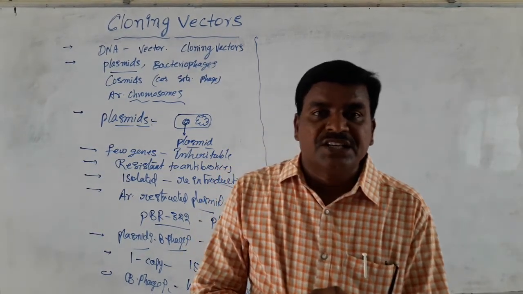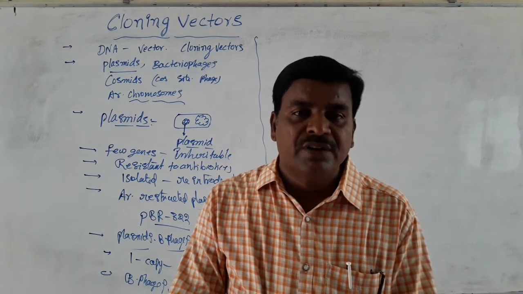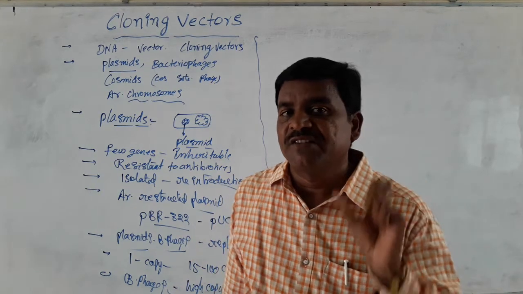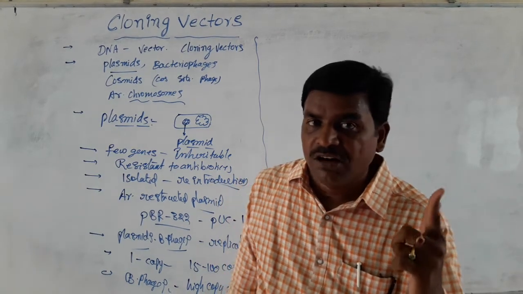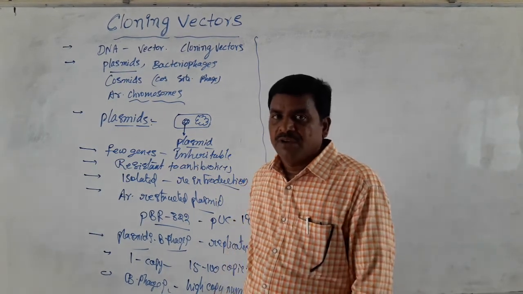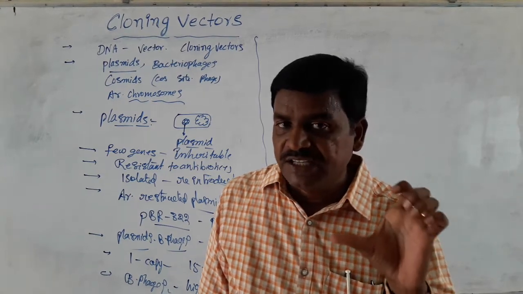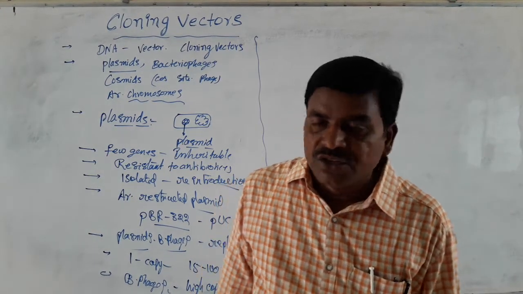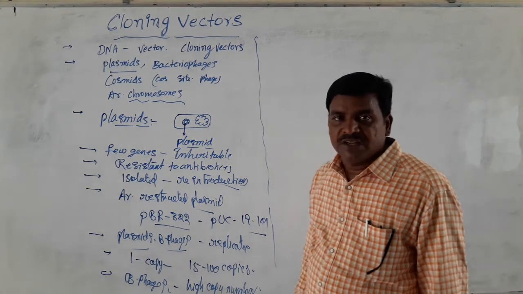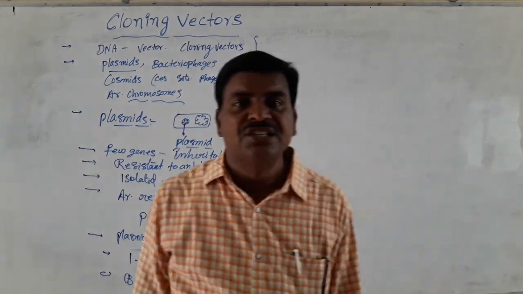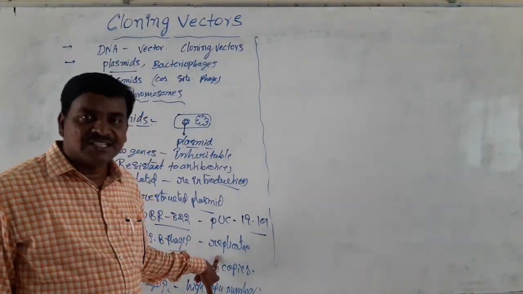When directly inserted, they do not multiply, because multiplication of DNA requires a special sequence of DNA at which replication starts. That is called the origin of replication. Due to the presence of the origin of replication in plasmids, we first ligate the desired genes with the plasmid, which maintains replication inside the host.